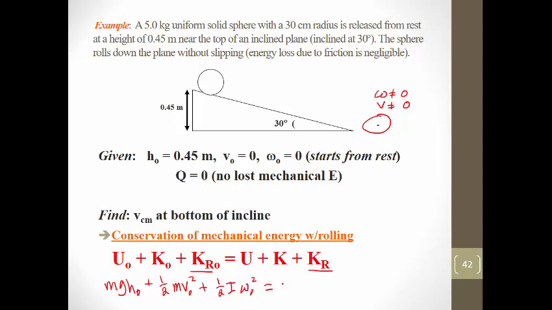And then that has to equal mgh, which here is where it gets to the ground. There's no height there. And then, because I'm rolling, I have linear kinetic energy and I have rotational kinetic energy. And I can relate omega and v.